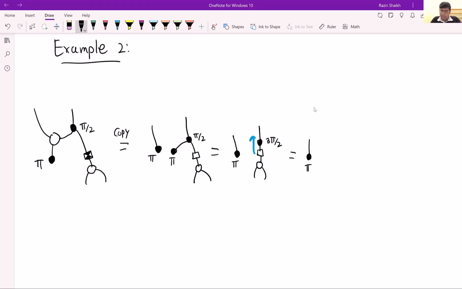So for that, let's push the color change box up, and that will change this to a white spider labeled 3 pi over 2, like this. And finally, there are two white spiders connected to each other, so we can fuse them together.